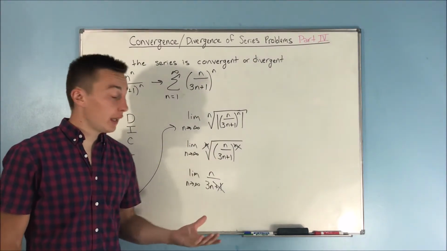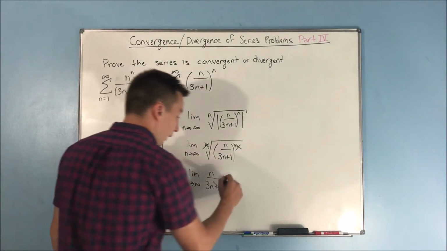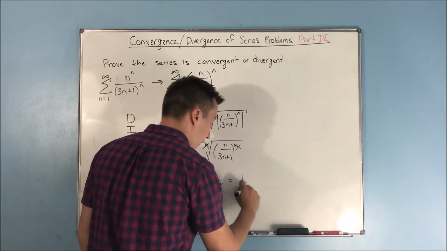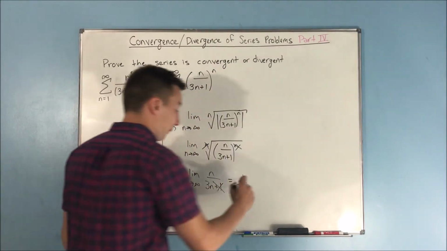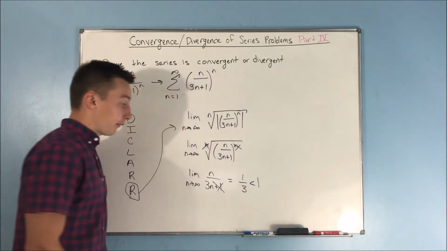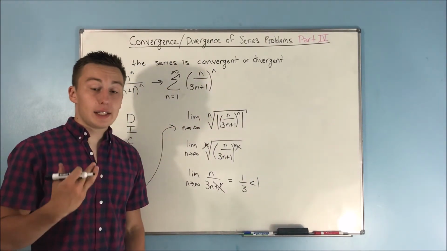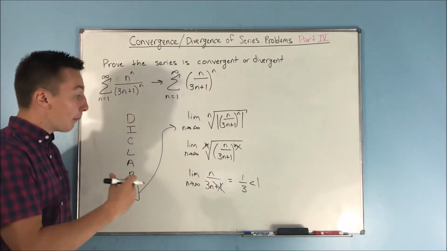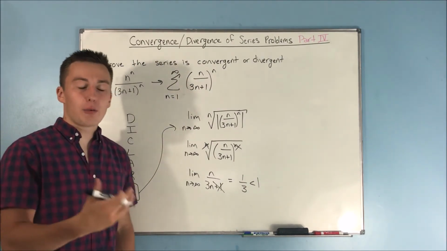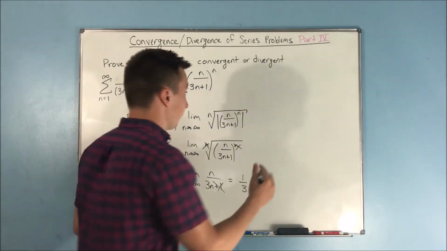So this limit is going to be equal to 1 over 3. And we know that 1 over 3 is less than 1. That means that this series is absolutely convergent and therefore convergent by the root test.